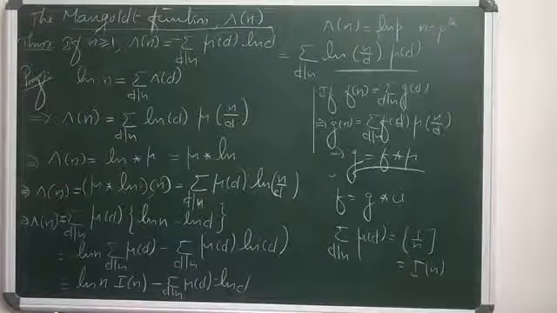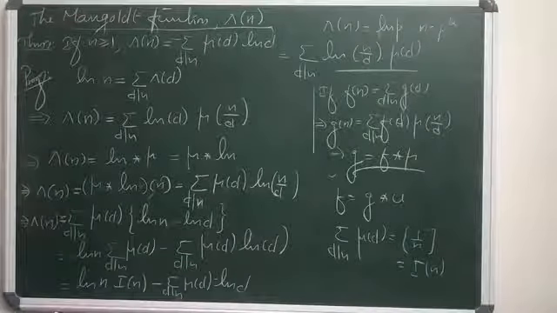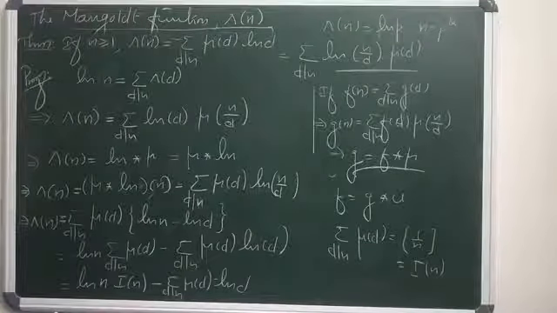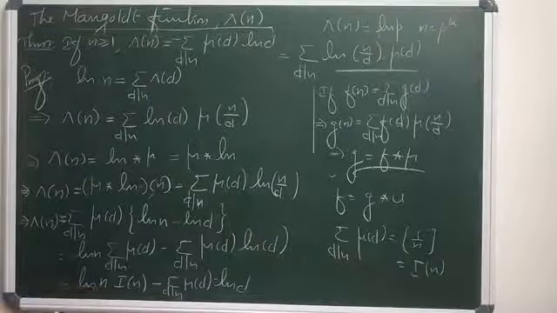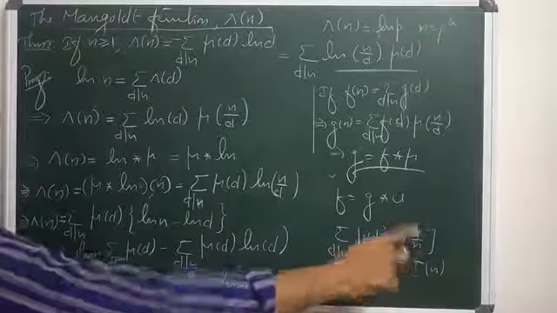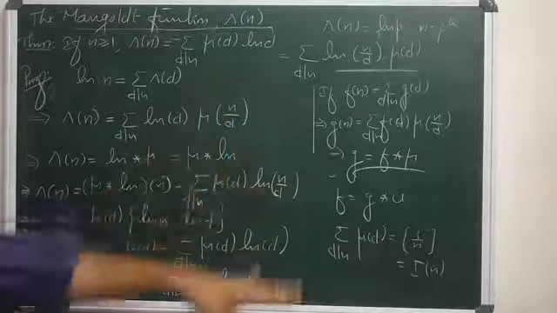So listen, when n equals 1, what happens here? When n equals 1, log 1 is 0. When n greater than 1, I of n equals 0. Why? Because I of n is the greatest integer part of 1 by n, and when n greater than 1, that should be 0.